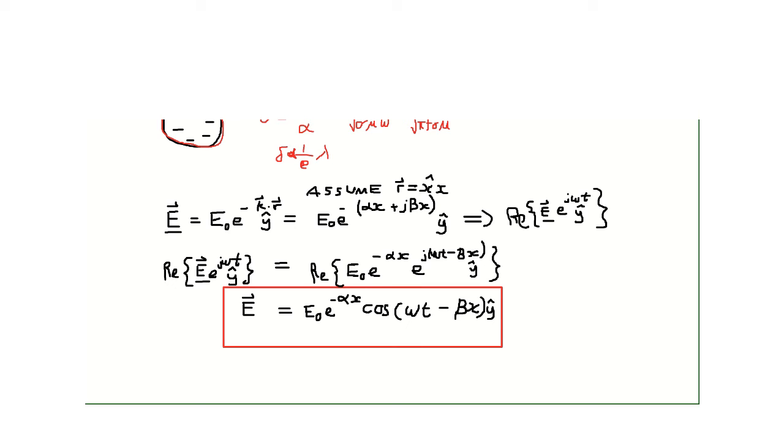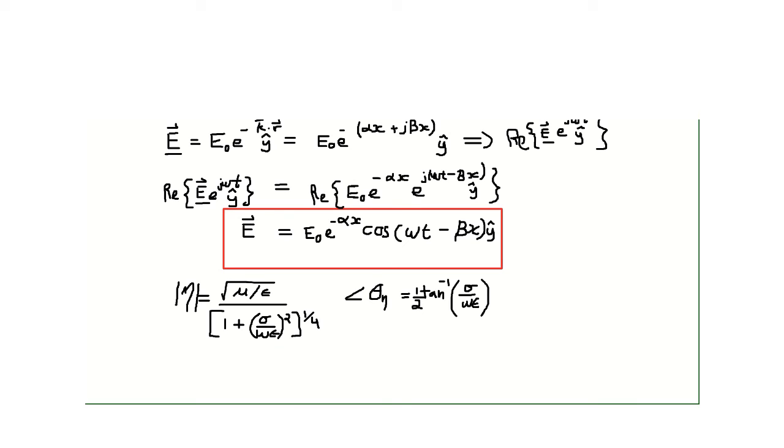Now let's consider substituting this into a form that can be used to find the magnetic field without using Maxwell's equations. We'll consider the next term as the impedance of a material. The impedance of a material is defined as this expression.